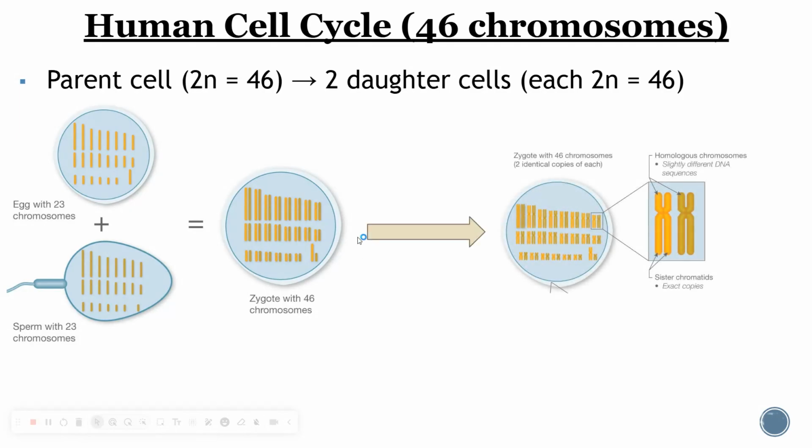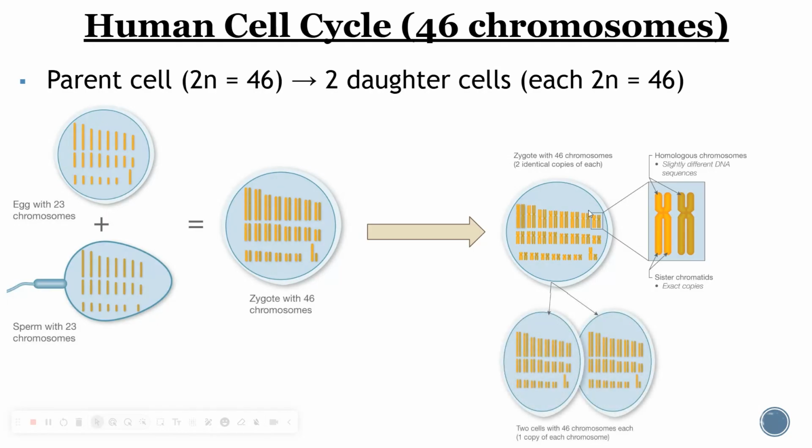But the idea is that if you drew metaphase, you'd have to draw a metaphase with 46 chromosomes lined up in the middle, right? Because that's what would happen in a human cell. So as you can see here, this is all the chromosomes in humans, and then when they do make daughter cells, after mitosis, cytokinesis, you'd have also 46 chromosomes here and 46 chromosomes there.